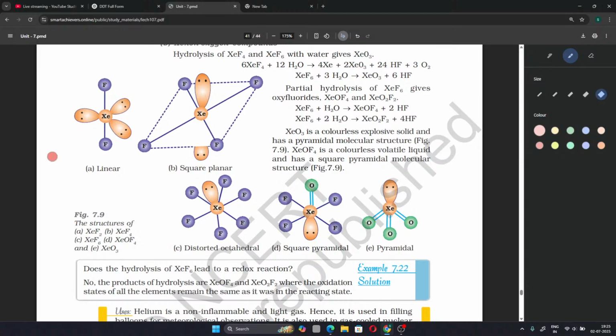And C is xenon hexafluoride, which uses 3 lone pairs for bonding, and there is a single lone pair. Due to the more lone pair bond pair repulsion compared to bond pair repulsion, we will get a distorted octahedral structure in case of xenon hexafluoride.